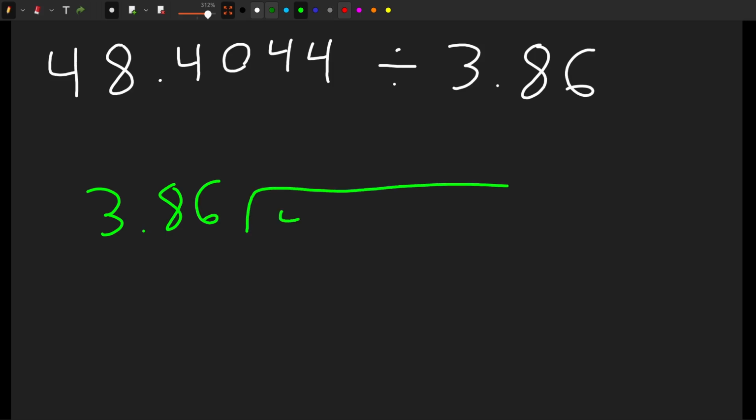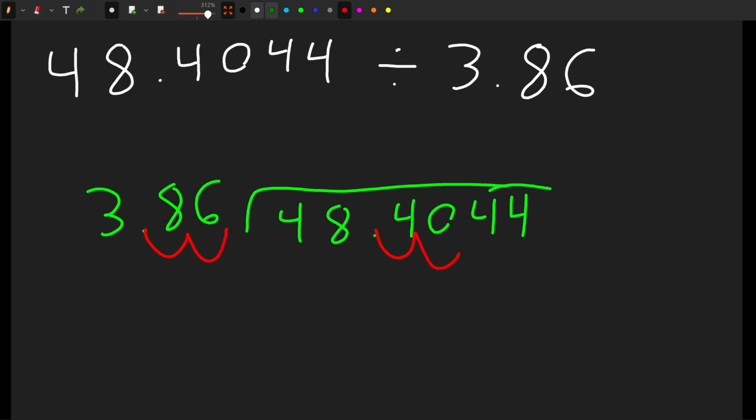And inside I'm going to have 48.4044. I need to take care of my number outside the house, which is 3.86. I'm going to move my decimal 2 spots over, move this 2 spots over, and now I can start work.